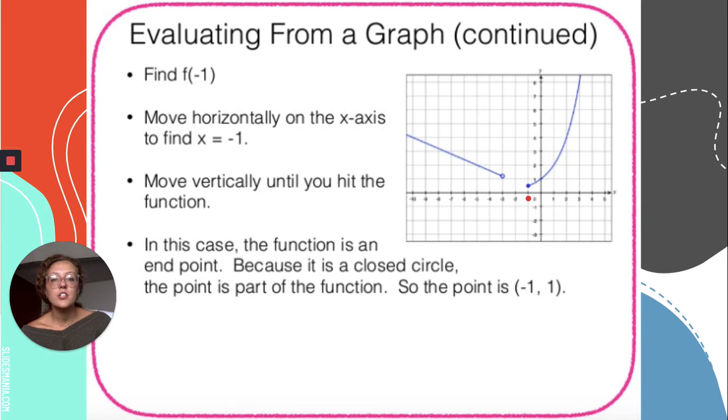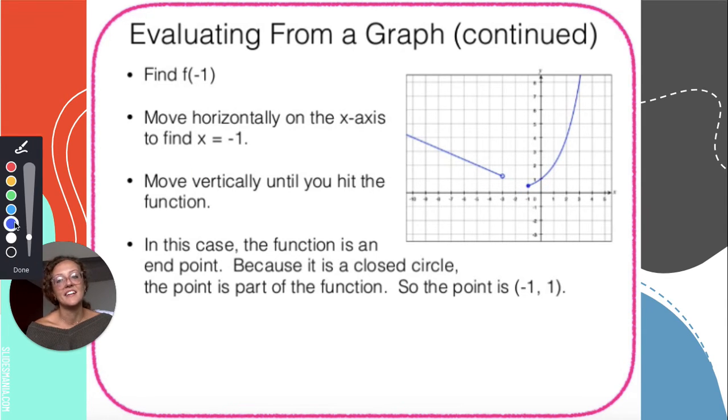I hit the function, and it's a little off. I would say that's like half, not 1, but whatever, we'll pretend. It's a closed circle, which means it actually is a point. So we're going to call it negative 1, 1. Maybe we just need to make that circle a little bigger to show that it's really at 1. Just make a big circle.